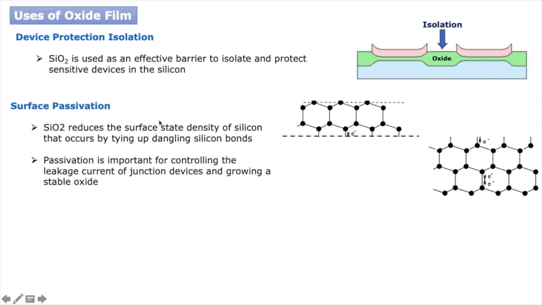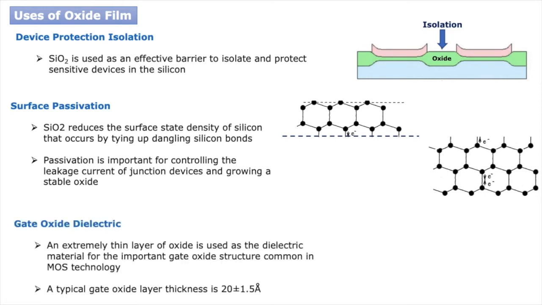So when you do oxidation, at the interface you reduce the dangling bond density, and therefore the surface state density also will be reduced. Passivation is important for controlling the leakage current of the junction device and growing a stable oxide layer. So this is another purpose of surface oxidation for a silicon substrate.